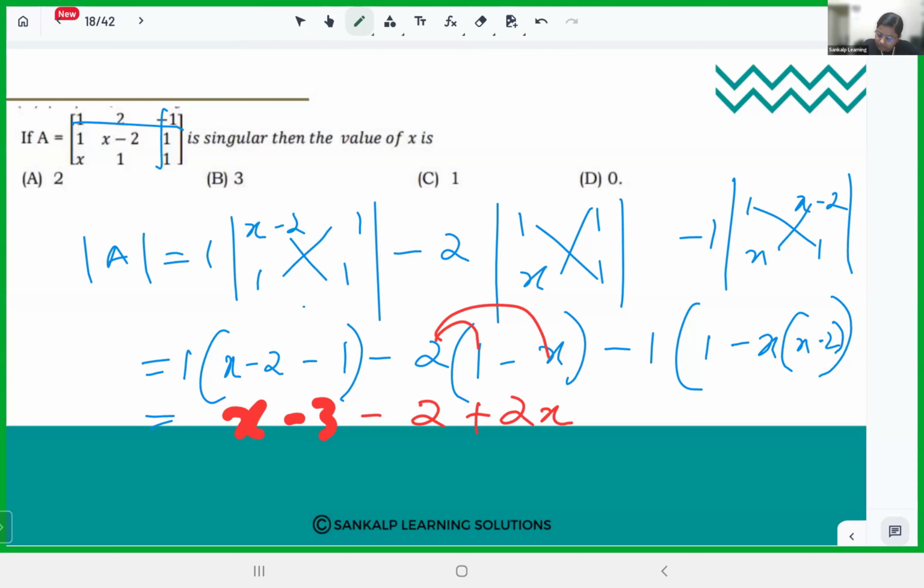Then this one, first you have to expand inside. Minus 1 into 1 minus x into x is x square, minus into minus 2, minus x into minus 2, that is plus 2x. Now this is equal to x minus 3 minus 2 plus 2x. Minus 1 into 1 is minus 1. Minus 1 into minus x square is plus x square.